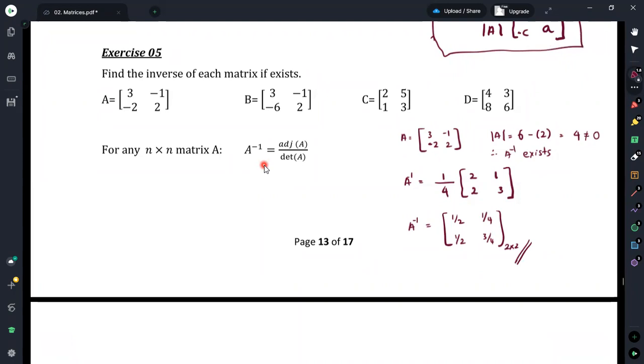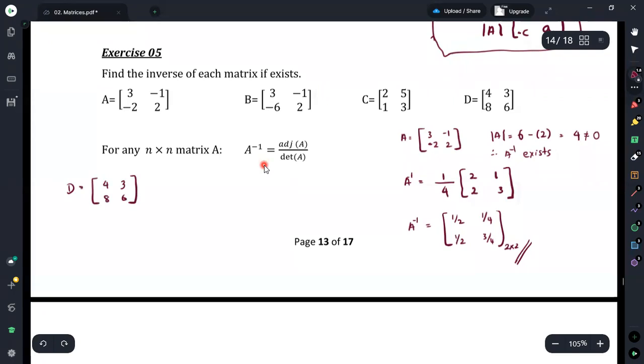In a similar manner, you can try the other two problems, and I will discuss the last one as well. Here we are asked to find the inverse of the matrix D, which is given as 4, 3, 8, and 6. First, we need to check whether the inverse exists or not.